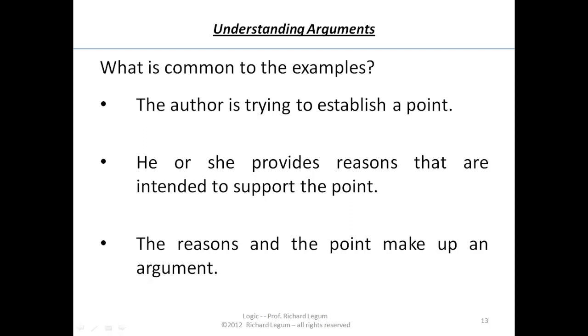One is the point, the conclusion of the argument, and the other is the set of statements. Remember, going back to our old definitions, the reasons are statements. So we have statements that are supposed to lead us to a conclusion, and that is exactly what an argument is.